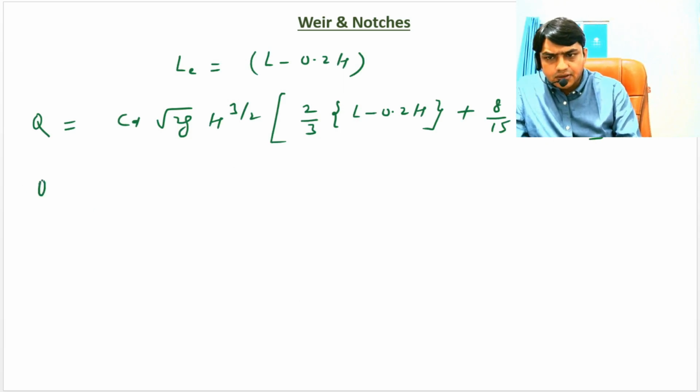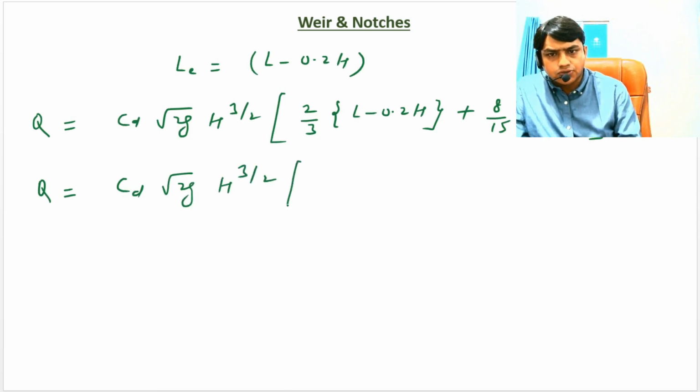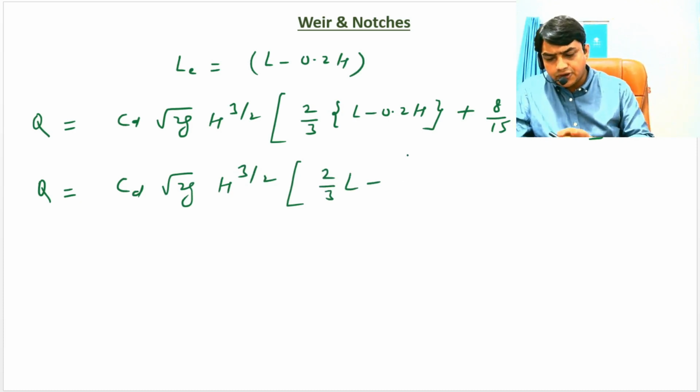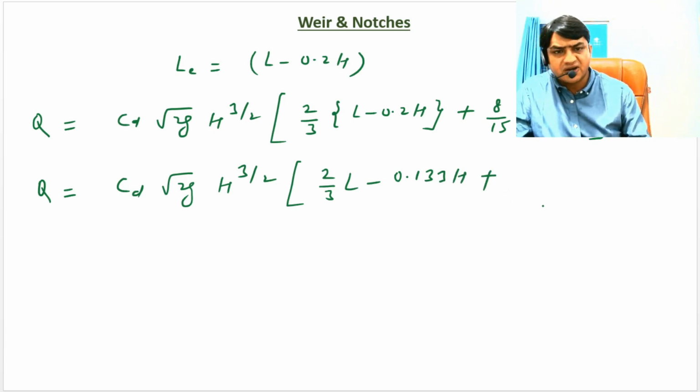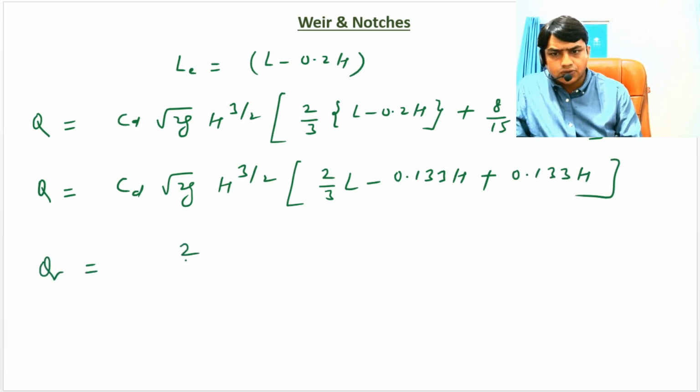If I simplify this, it will be CD root under 2G H to the power 3 by 2, 2/3 of L minus 2 into 0.2 divided by 3, which comes to 0.133 H, plus 8 by 60, which is 0.133 H. So this value and this value are cancelled, so we can write Q is equal to 2/3 of CD root under 2G L into H to the power 3 by 2.